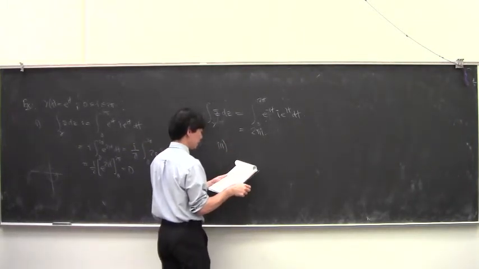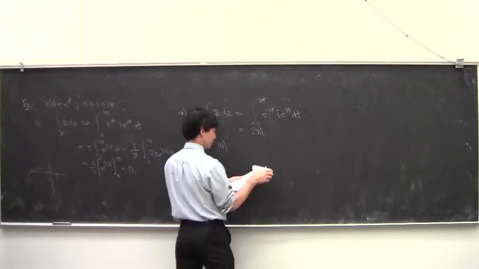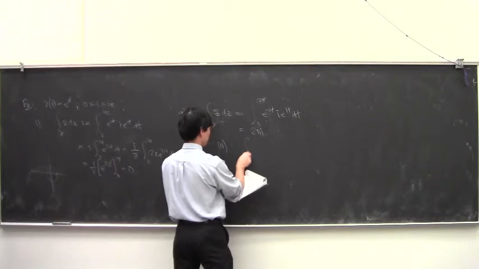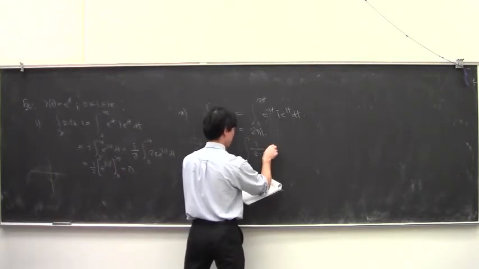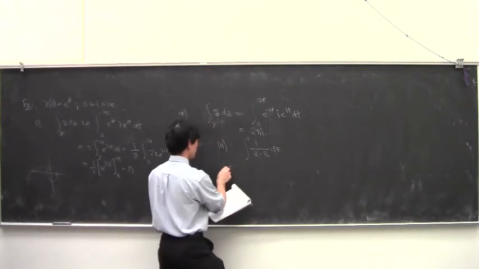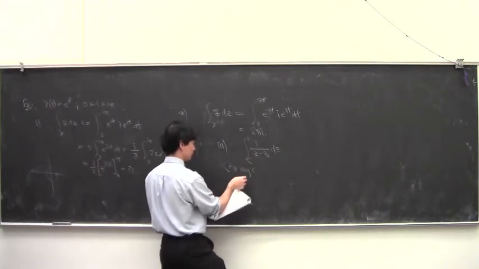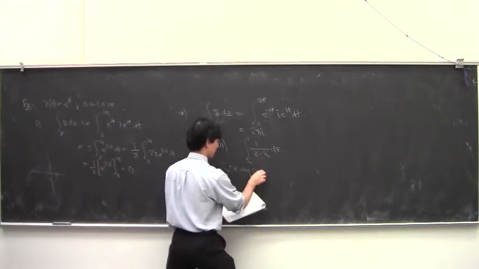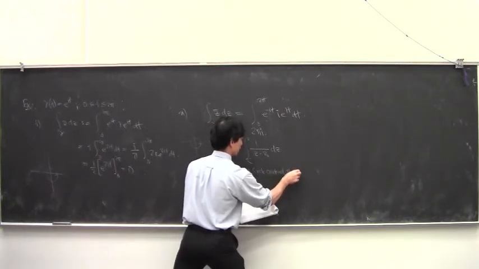Third example. The integral of 1 over z minus z naught dz over c, where c is any circle centered at z naught.